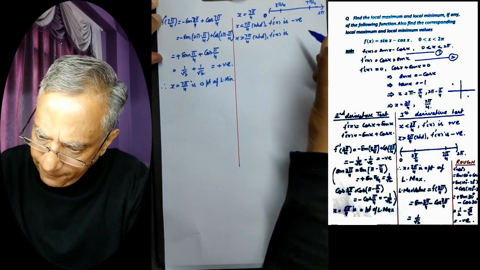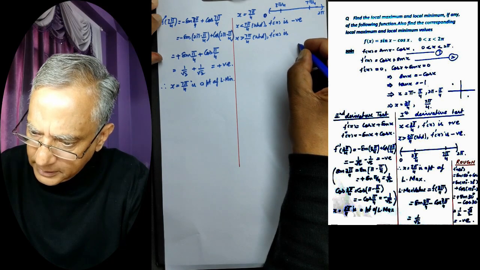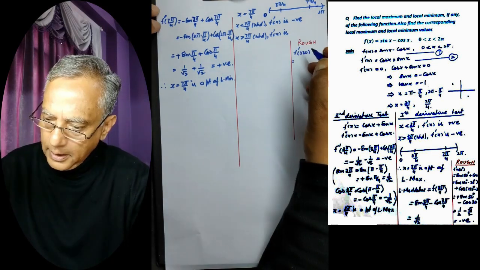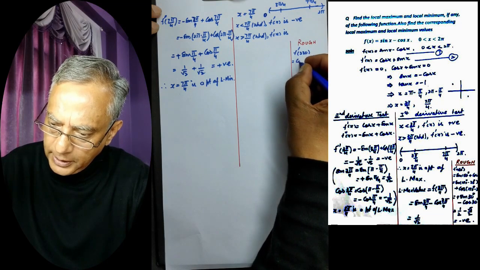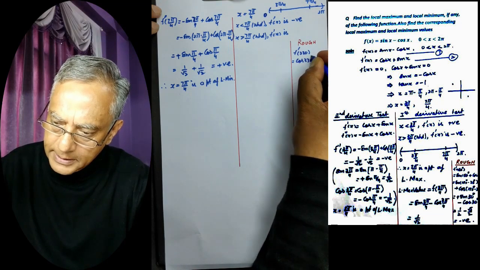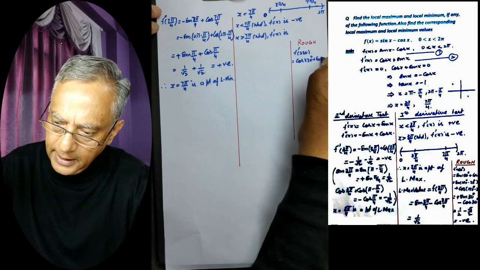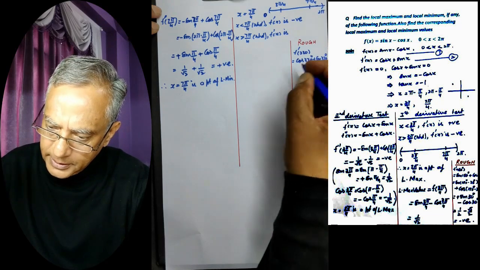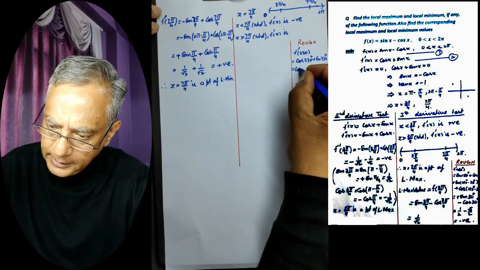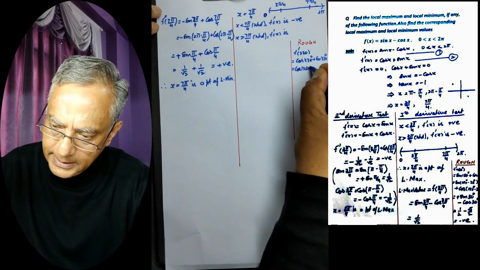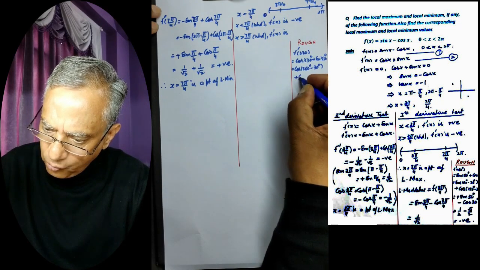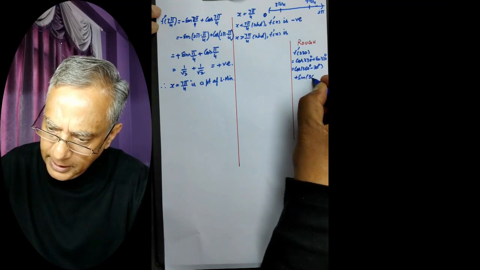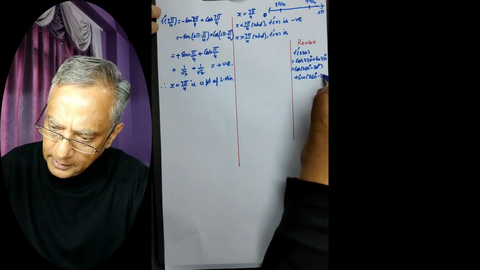So f dash x at 330 degrees. F dash x is cos x plus sin x. So this will be cos of 330 degrees plus sine of 330 degrees. This is equal to cos of 360 degrees minus 30 degrees plus sine of 360 degrees minus 30 degrees.